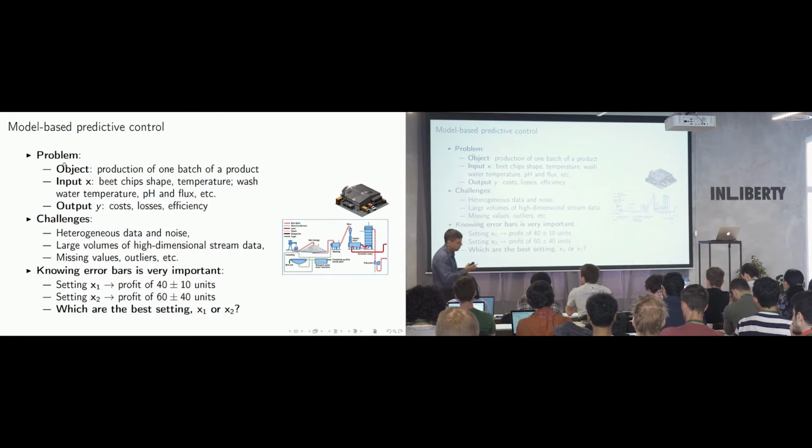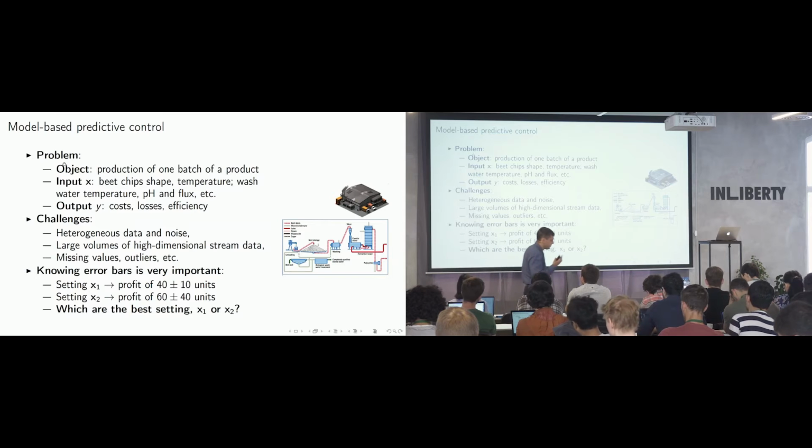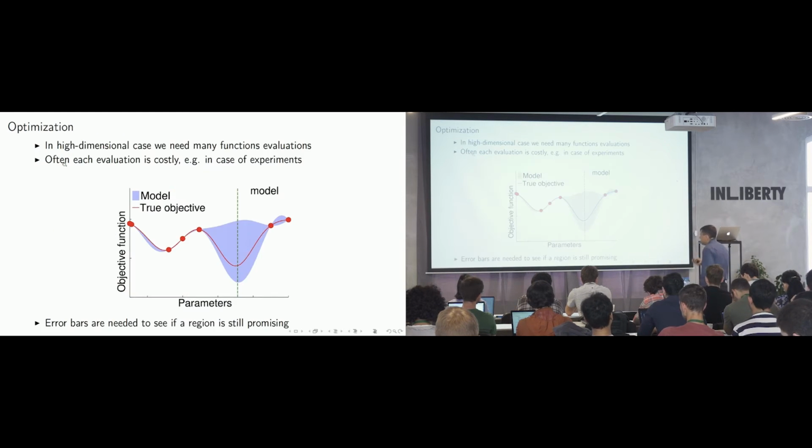With this simple example, we see that it's very important not only to predict the output, but also to estimate the uncertainty of that prediction. Another example of why we need uncertainty is related to optimization. Very often we need to optimize complex black boxes, and even one calculation of a black box value can be very time consuming and computationally intensive.